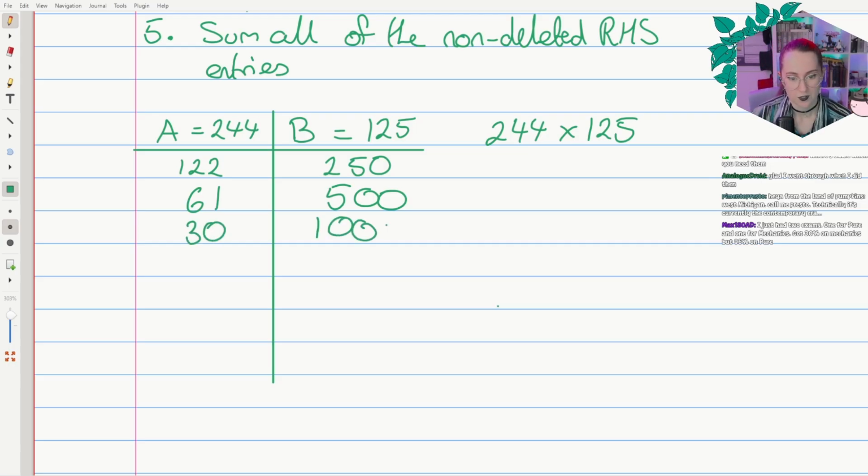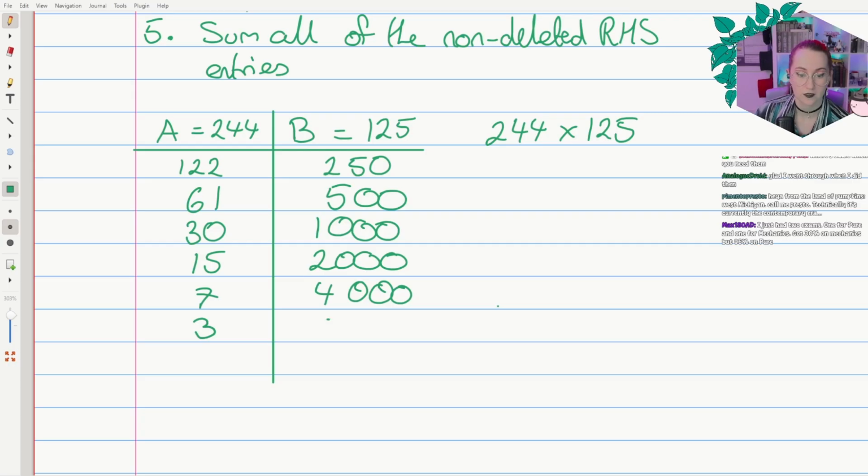And then doubling goes to 1,000. 30 goes to 15, and this goes to 2,000. Half of 15 is 7.5, again ignoring remainders, so we just go to 7. This becomes 4,000. Half of 7 is 3.5, but again, ignore remainders, so we just go to 3. This becomes 8,000. Half of 3 is 1.5, ignore the 0.5, goes to 1, 16,000.